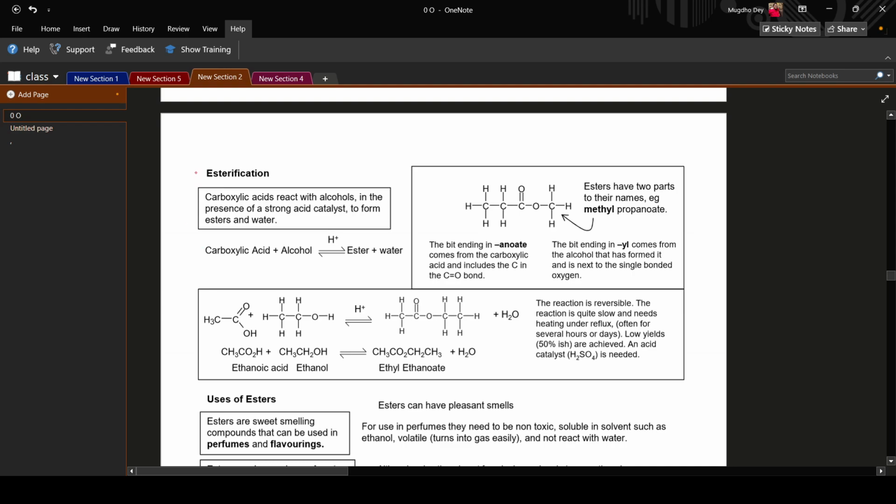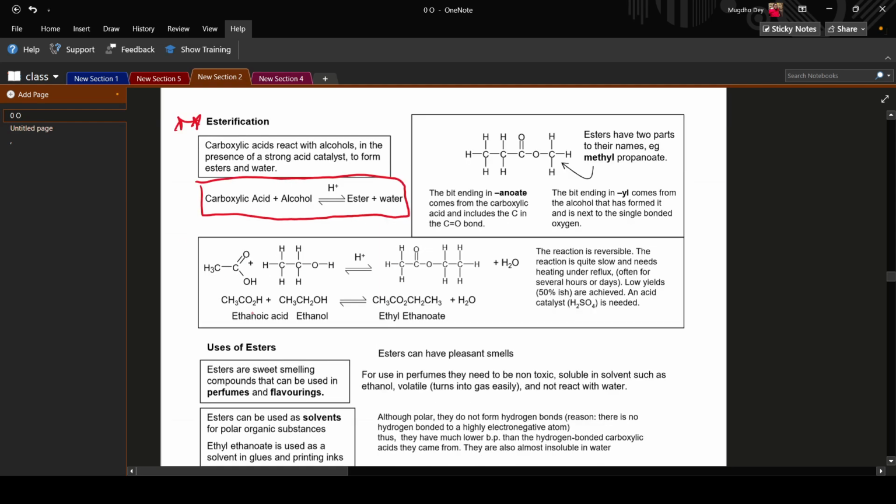Again, esterification, you have seen this back in AS as well. How are esters produced? When a carboxylic acid and an alcohol join together, ester is produced along with water. This is an example, ethanoic acid and ethanol.